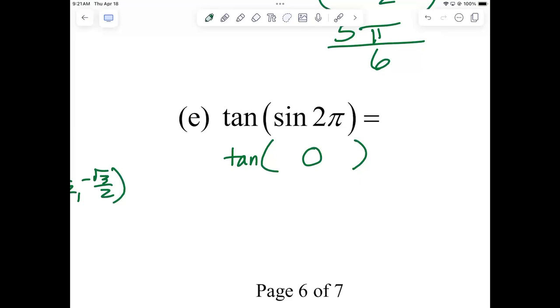Sine of the angle 2π gives us 0 the ratio. But now 0 the ratio, because it follows tangent, turns into 0 the angle. See that? And what's tangent of 0? It's 0. Tangent of 0 is 0. Tangent looks like this. It passes right through the origin.